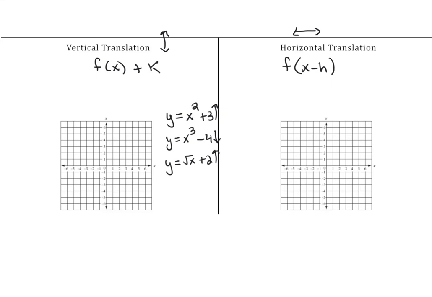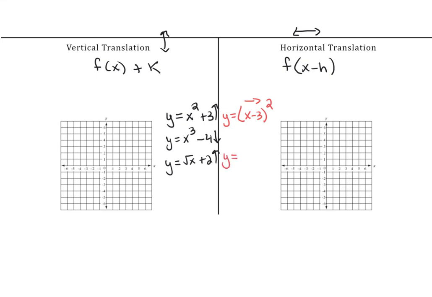Horizontal, this would look like, maybe if we're doing a quadratic, it would be y equals, in parentheses, x minus 3 squared. Now, inside the parentheses, it's opposite of what we would think. Minus 3, we think left, it's actually a shift right 3.